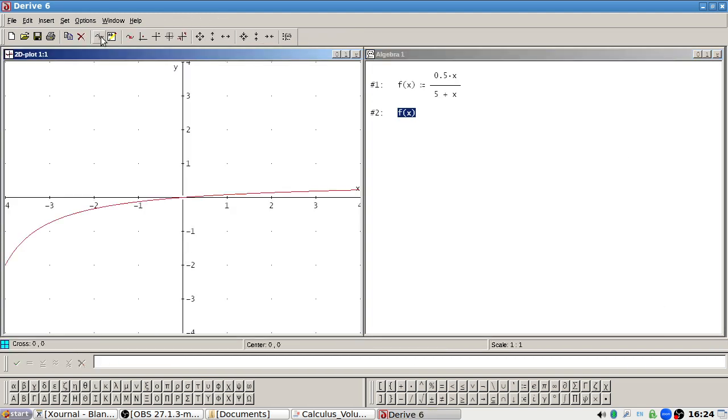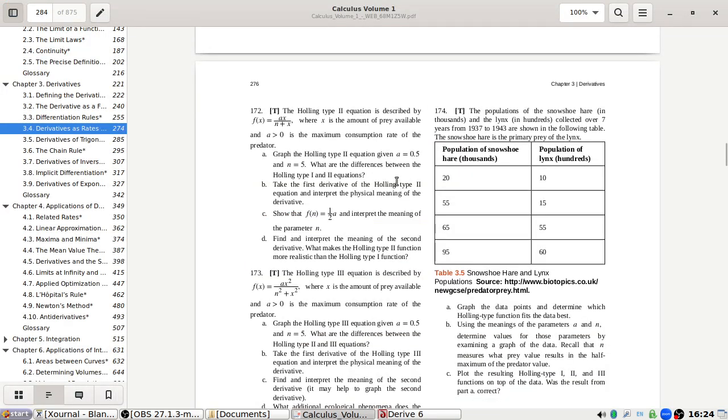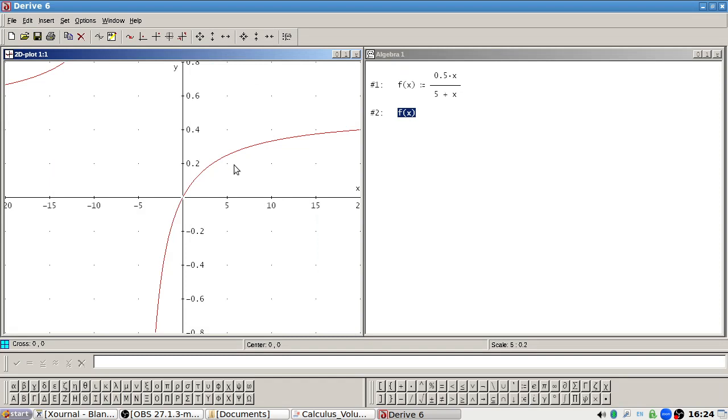Let's have a look at the graph. Okay, there we go. One obvious difference is the graph appears to level off.